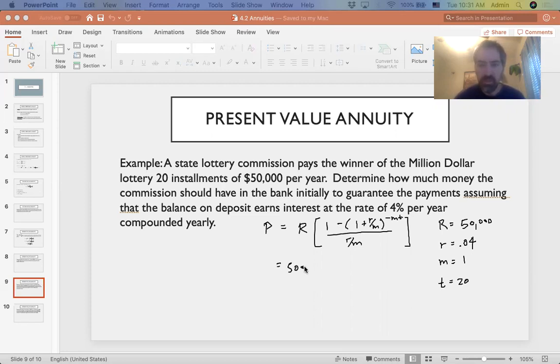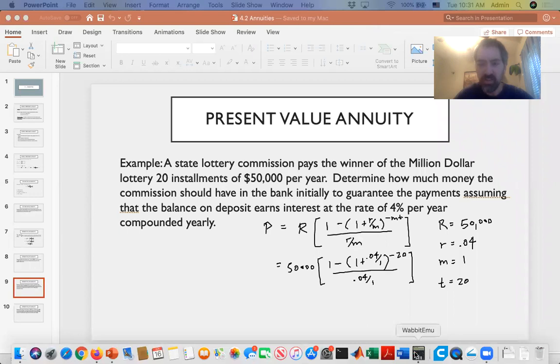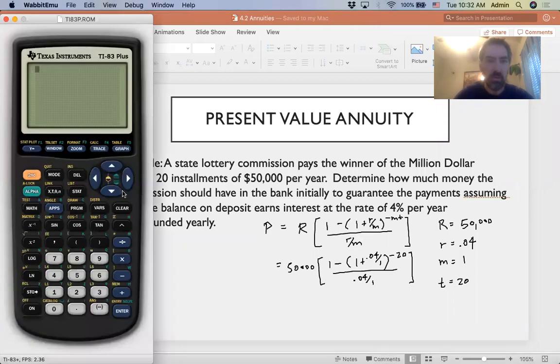So we've got 50,000 times 1 minus 1 plus 0.04 divided by 1, raised to the negative 1 times 20, that's just 20, all divided by 0.04 divided by 1. I really don't need the divided by 1. I'm putting that into the formula, but when I put that into the calculator, I'll just leave that as 0.04.